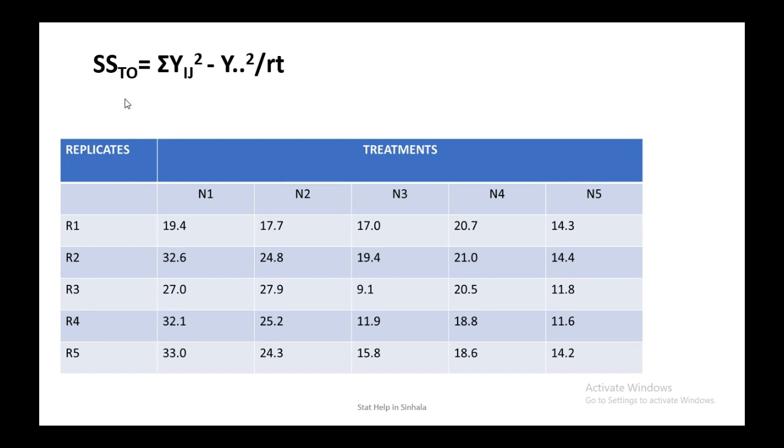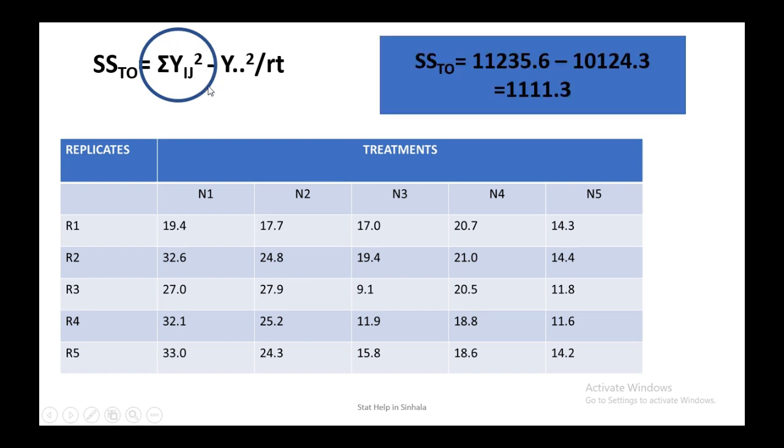So in this part, all these observations should be squared and we should get the summation. Each of these observations should be squared and summed. Then you will get the answer for this first part.